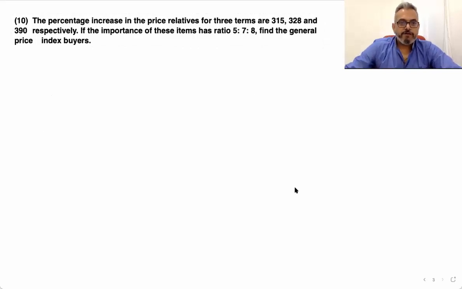The percentage increase in price relative for three items are 315, 328 and 390 respectively. If the importance of these items has ratio 5:7:8, find the general price index number.